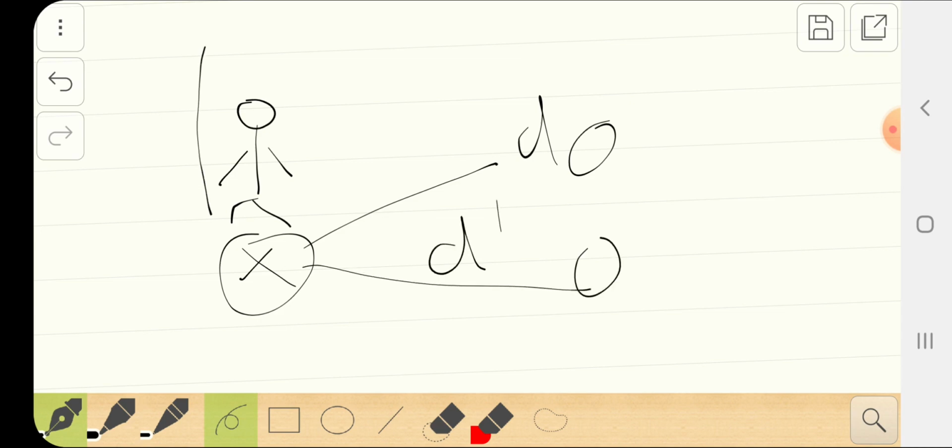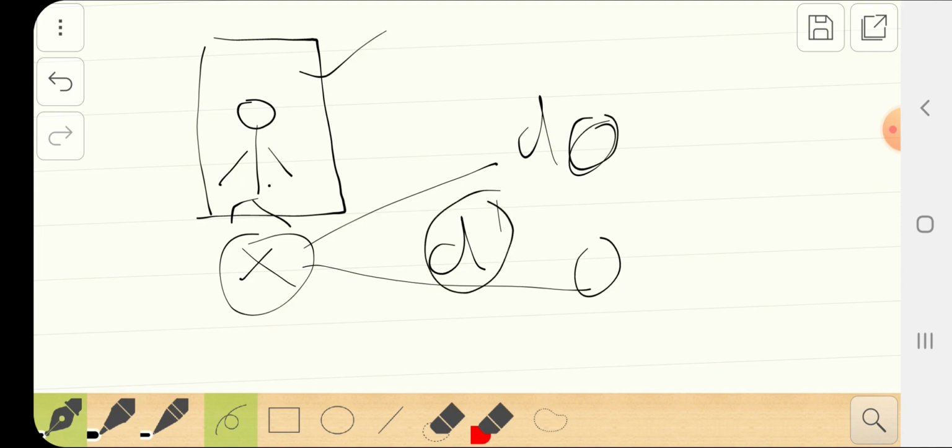Now if you look from this frame, I'm just calling this a frame, you will understand why. In this frame, the ball before was D distance away from the frame. Afterwards it's D dash distance away from the frame.